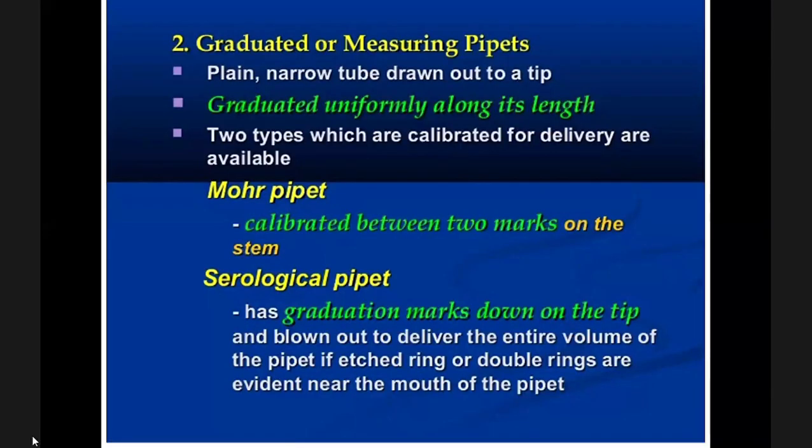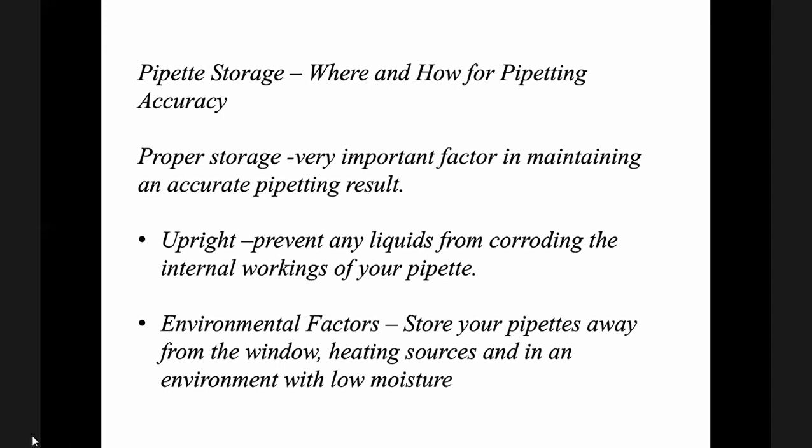Okay. Next, where and how do you store pipettes, no, for pipetting accuracy? So proper storage, very important factor in maintaining an accurate pipetting result. So if you store it upright, it prevents any liquids from corroding the internal workings of your pipette.